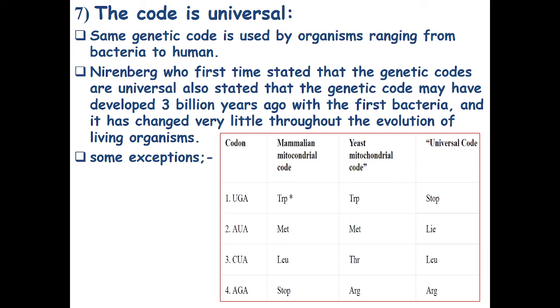It codes for tryptophan again in yeast mitochondrial DNA, but in the universal code it codes for the stop codon, meaning it doesn't code for any amino acid. Just like this, AUA in the mitochondrial code codes for methionine. In yeast mitochondrial code it codes for methionine, while in the universal code it codes for leucine.